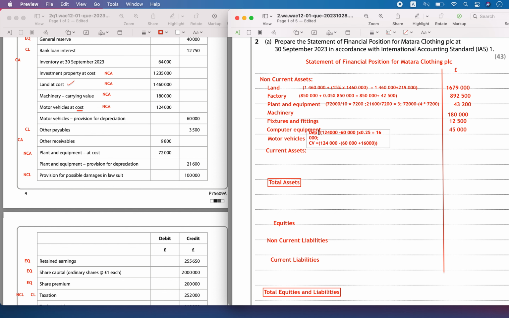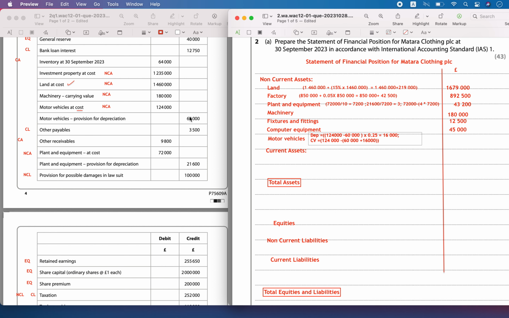This year's depreciation charge is 16,000, which was calculated using the reducing balance method: cost minus depreciation, times the rate. That is the formula for calculating the depreciation charge for this year.